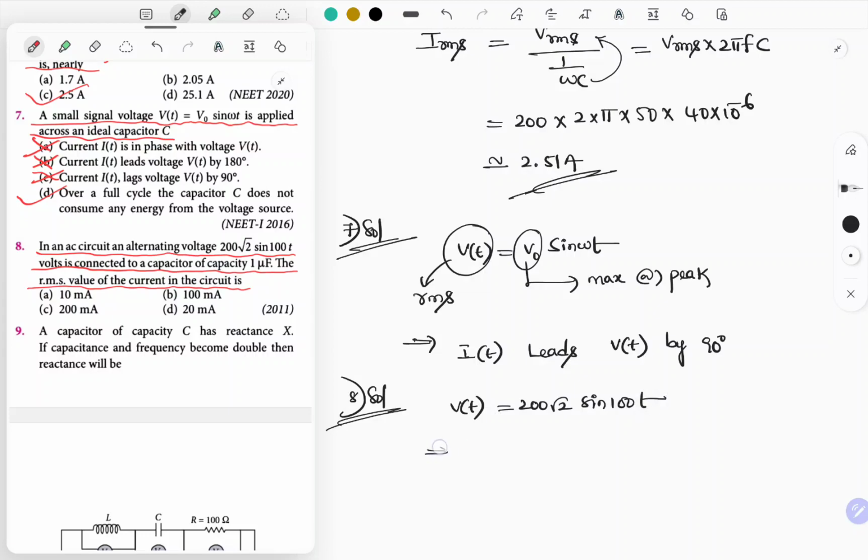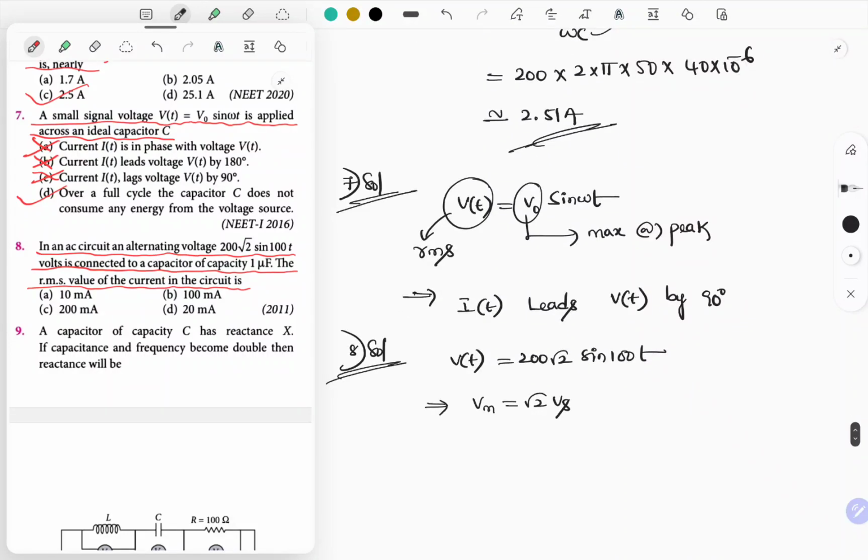What's the relation between maximum value and RMS value? Vm is equal to root 2 times Vs, where Vs is Vrms. So Vs is equal to Vm by root 2.